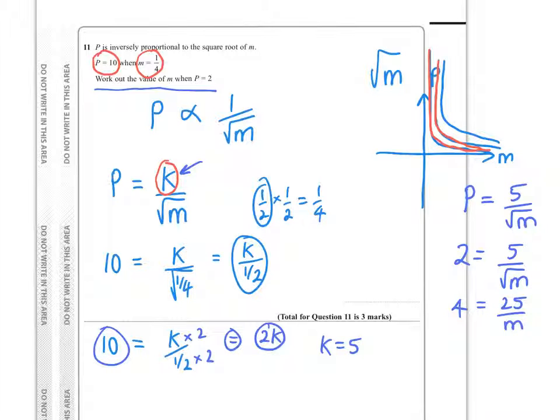We could then times both sides by m. And then we can divide both sides by 4. So m would be 25/4. If you want to decimalize that, then that's fine. That's just 6.25.